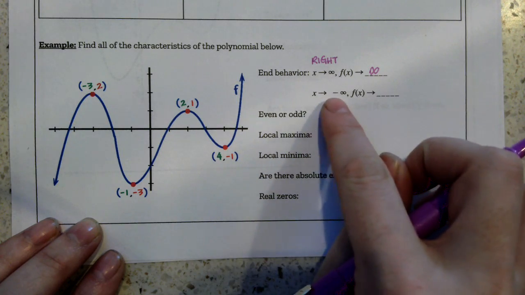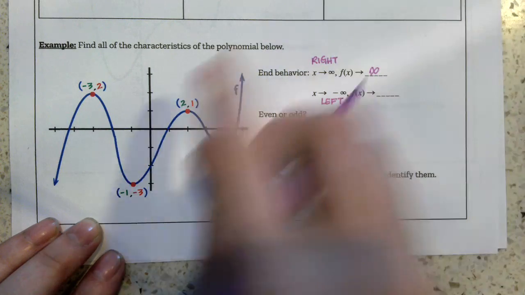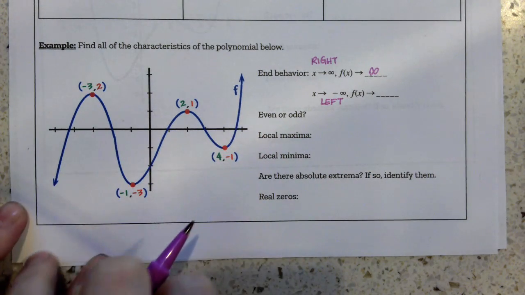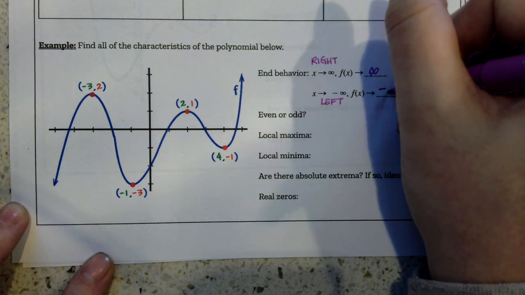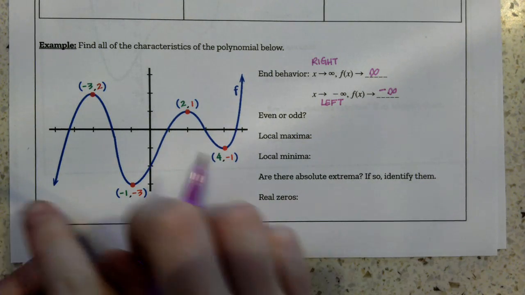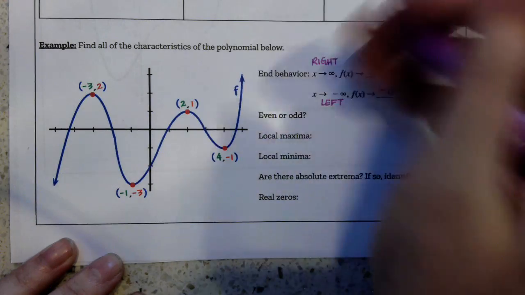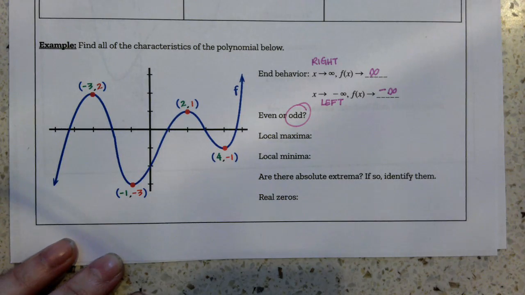Then it says as x approaches negative infinity, which means as we go to the left, our graph goes down, which is toward negative infinity. And since our ends go in opposite directions, one goes down, one goes up, our polynomial is odd.